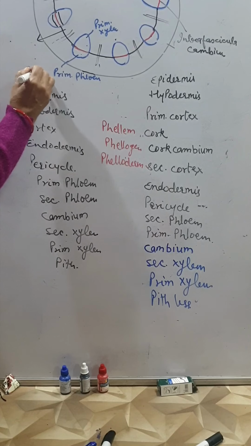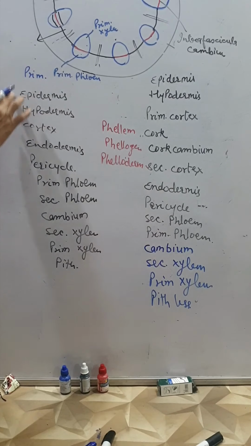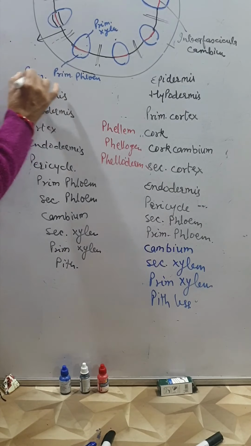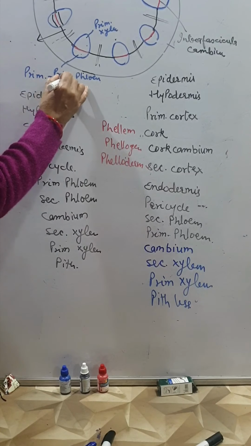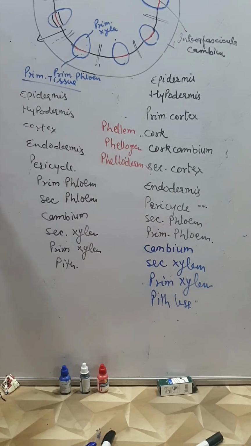Primary growth is due to the meristematic tissues. Primary tissues are epidermis, hypodermis, cortex, endodermis, pericycle, primary phloem, secondary phloem, cambium, secondary xylem, primary xylem and pith.